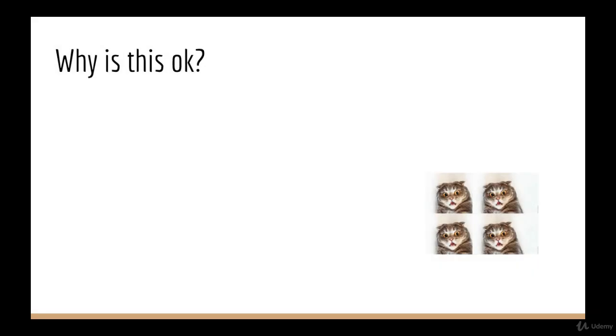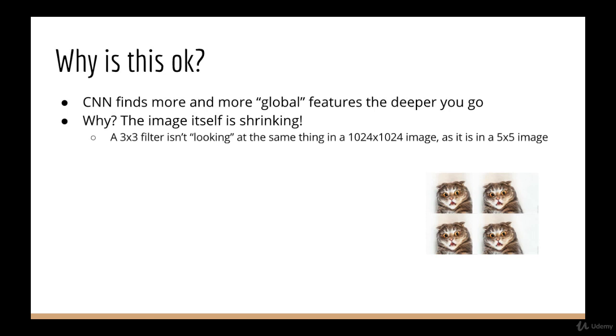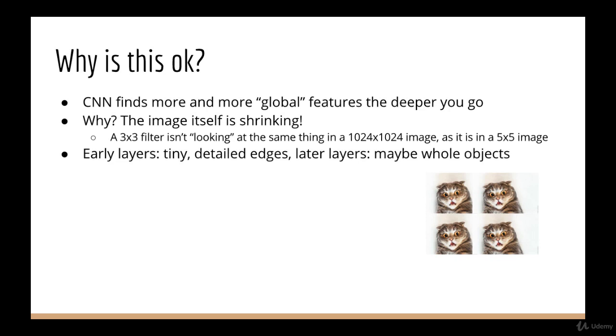So why does this work, and why is it okay to just take the whole image and squash it down into 1 pixel? Well, we've discussed this before, but it's worth repeating. A CNN finds more and more global features the deeper you go into the network. This is simply because the image itself shrinks. So in the very early layers, a CNN will find very detailed, tiny edges, then progress onto broad strokes, and then finally to big objects like animals and vehicles.